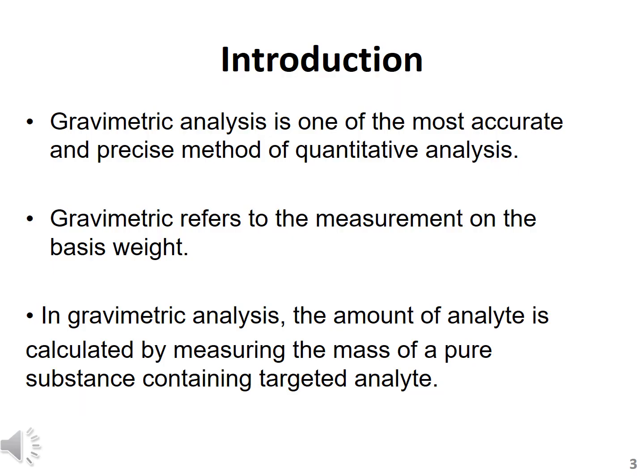Okay, the gravimetric analysis is one of the most accurate and precise techniques for the quantitation of the targeted compound. So why is gravimetric analysis named as gravimetric? Because we measure the weight of the targeted analyte, and for the completion of gravimetric analysis, precipitation is a major phenomenon that needs to occur in the reaction.